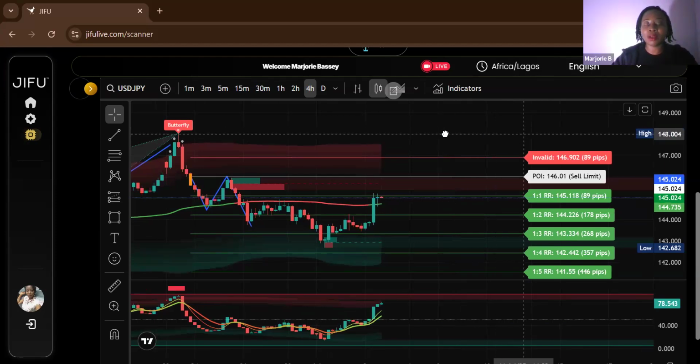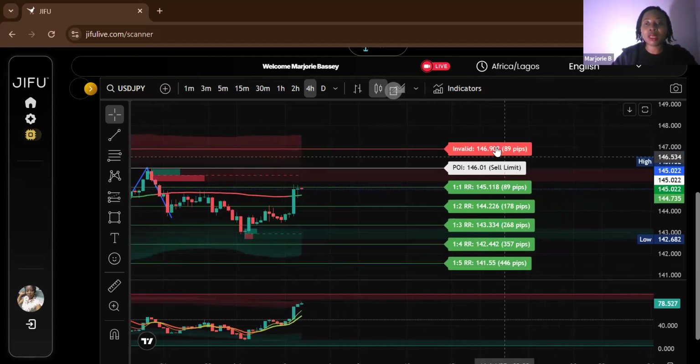Another thing too is that between your point of interest and your TP1 is a 1-to-1 risk to reward.